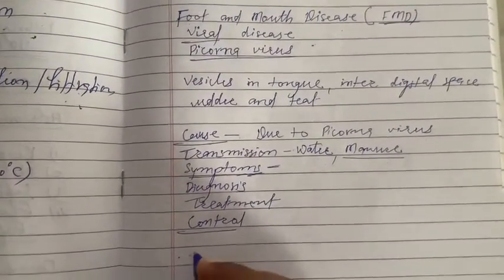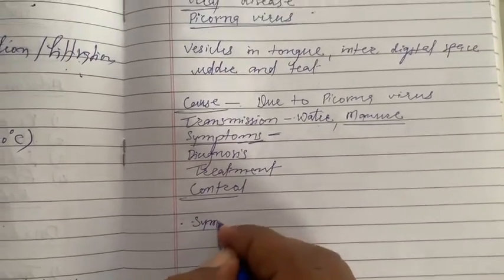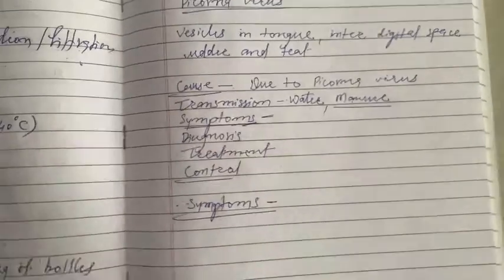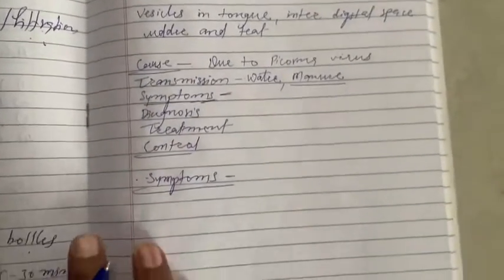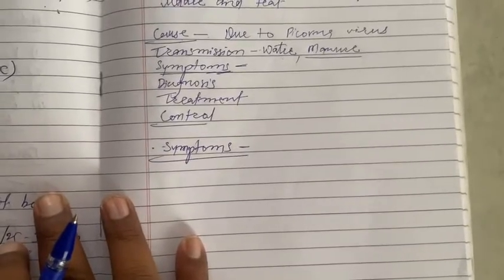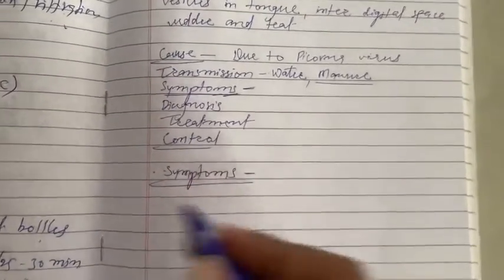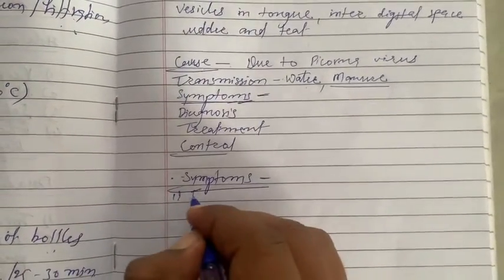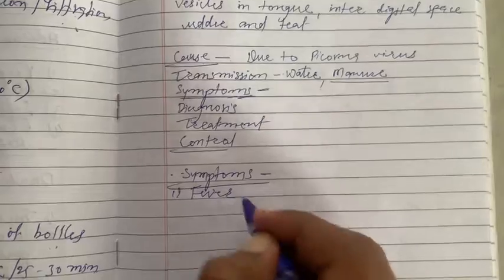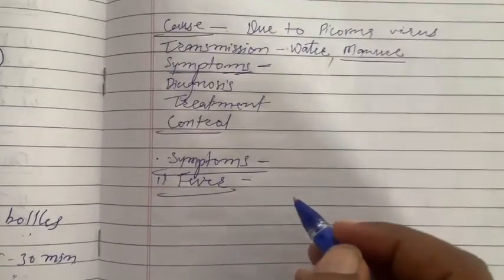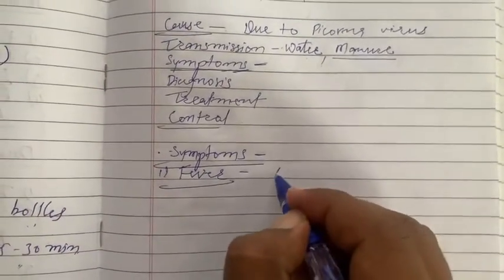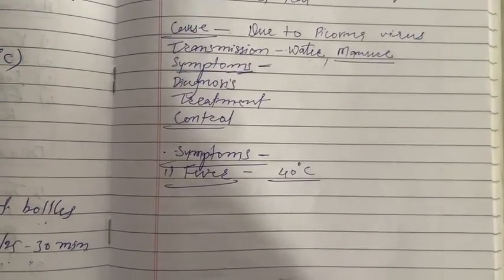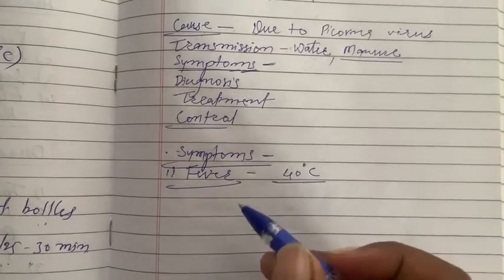The first symptom for this disease is fever. The fever of the animal reaches 40 degrees Celsius. This is the first symptom observed in this case.